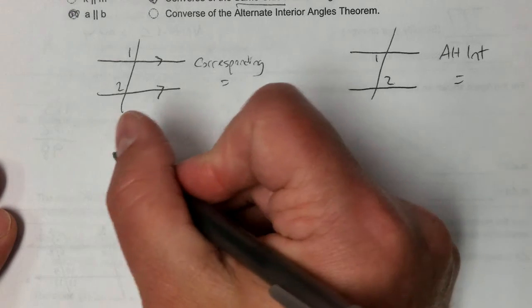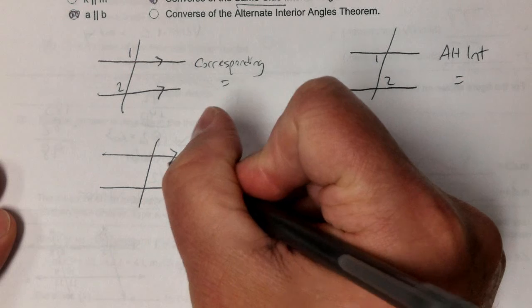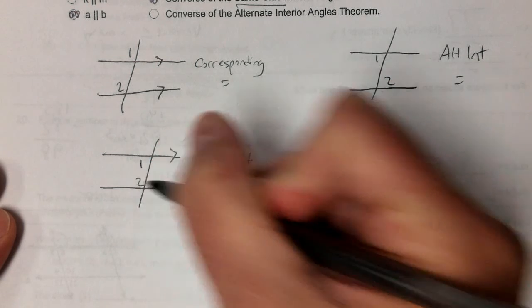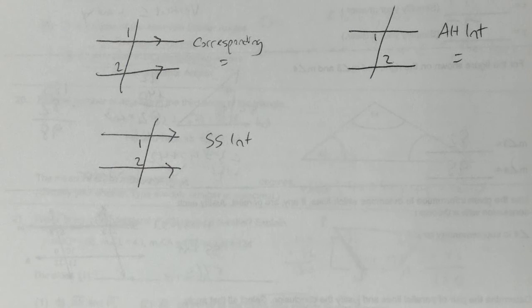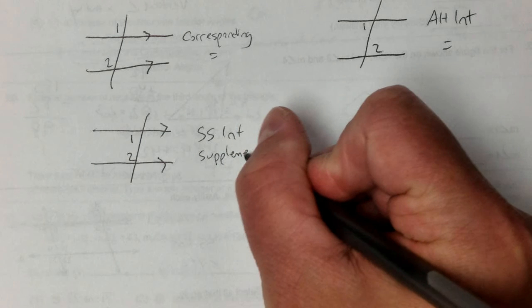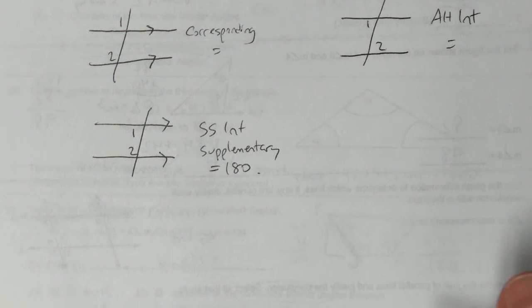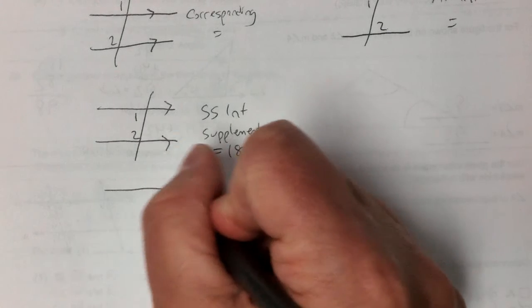Your same side interior would be like this, either both on the left or on the right. So on same side interior, they are supplementary. So it's equal to 180. And same side exterior would be the same way.